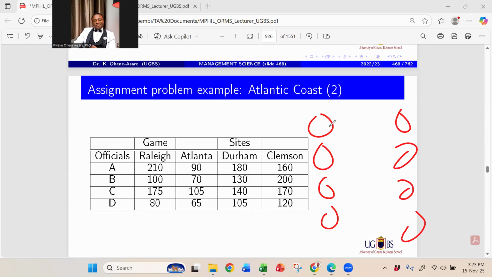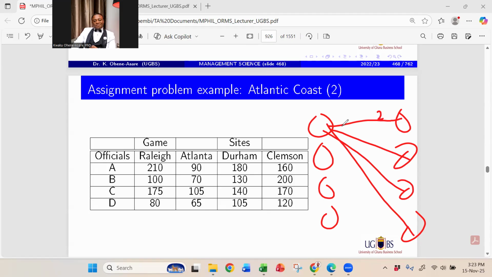This one is from the officials in A going to Raleigh here, going to Atlanta here, going to Durham there, and going to Clemson there. For each one, you add the distances.